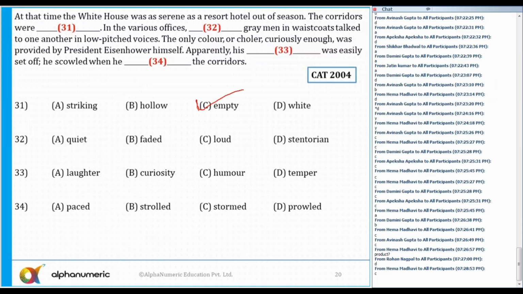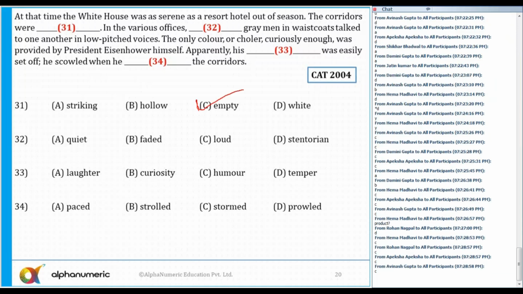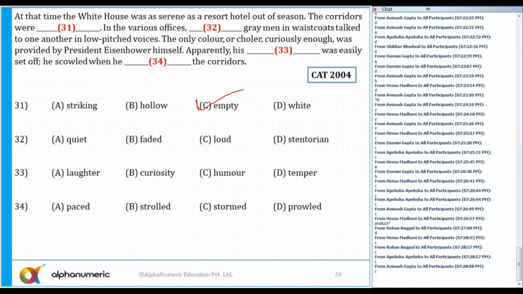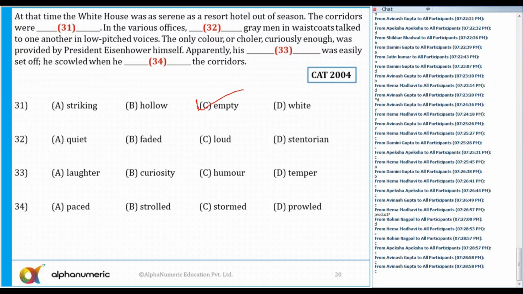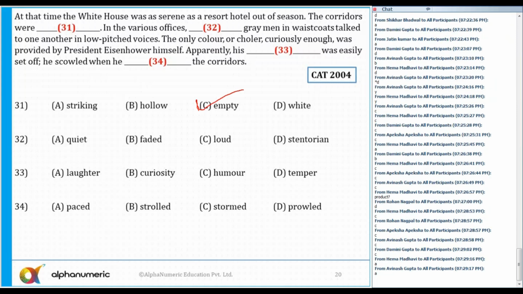The White House corridors were empty. In the various offices, dash grey men in waistcoats talk to one another in low-pitched voices. If they are talking in low-pitched voices, then they have to be quiet. Can they be stentorian? No. Stentorian means loud.